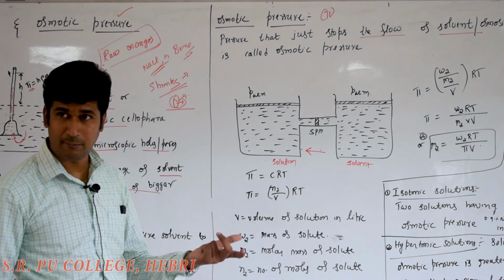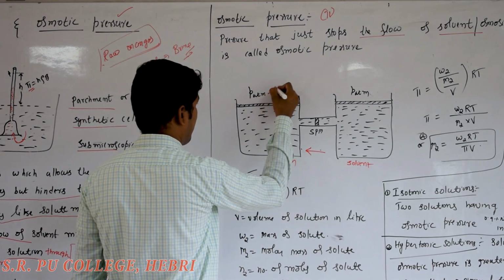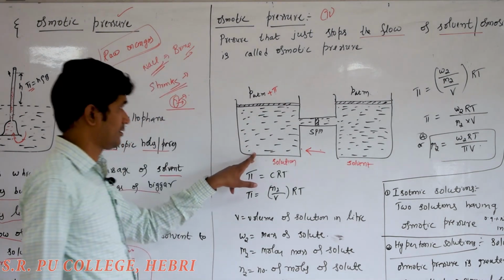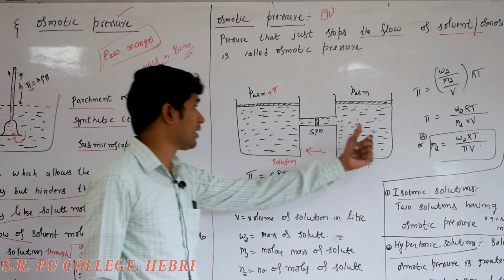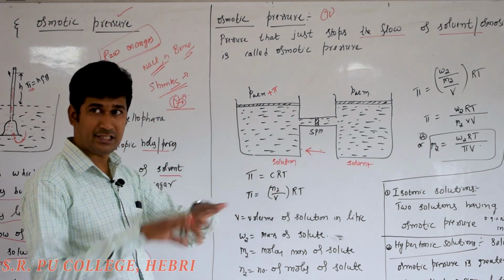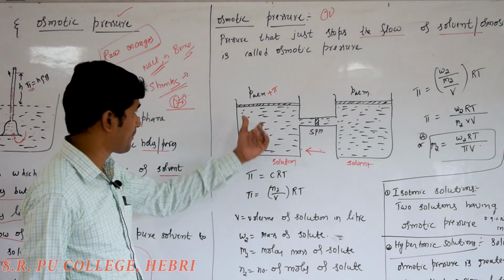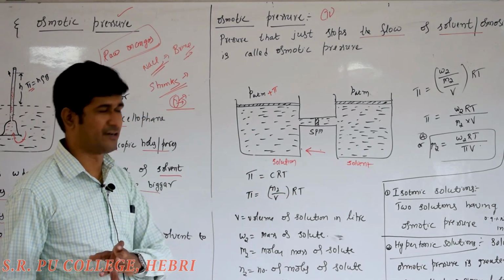Now we have to stop the osmosis. What we have to do? We have to apply certain pressure pi at this side. So now what happens? Movement of solvent molecules does not take place towards this solution. It stops the osmosis. You understood? So osmotic pressure is applied to the solution and not to the solvent end.